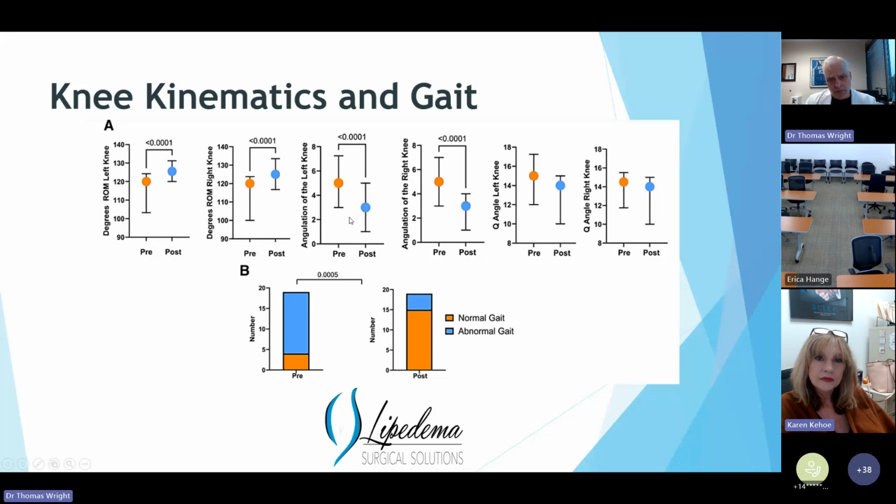And then similarly, the angulation or rotation of the knee joint improved from around 6 degrees to around 3 degrees. And those were highly significant improvements. In our study, the Q angle didn't change significantly. As a result of this, 80% of the women in the study had an abnormal gait before, and then only 20% had an abnormal gait, or 80% had a normal gait after the surgery.